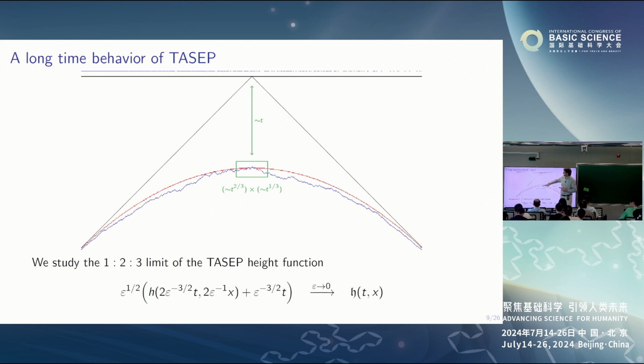So the particles were occupying all the sites to the left of the origin, and all the sites to the right were empty. When time evolved, the height function moved from this wedge to this blue curve. This blue curve propagates like a parabola, and it has some random fluctuations around this parabola.